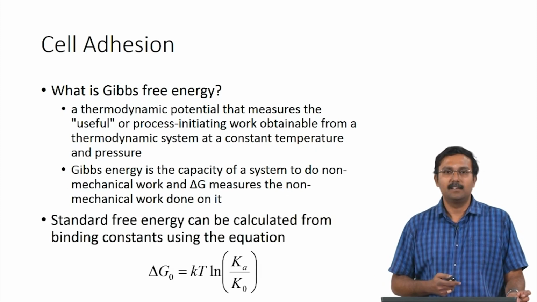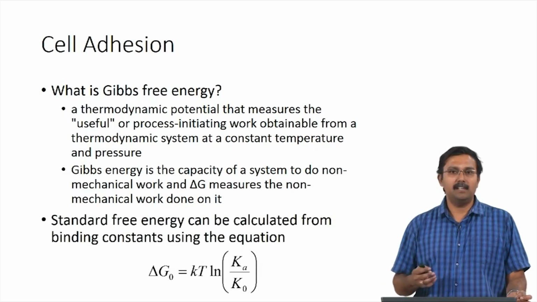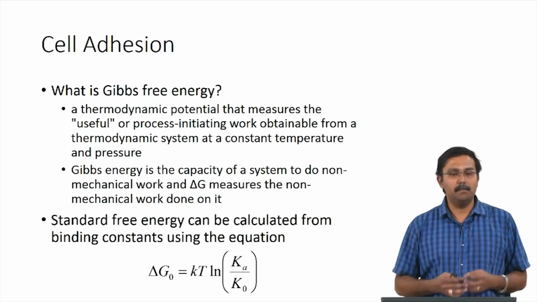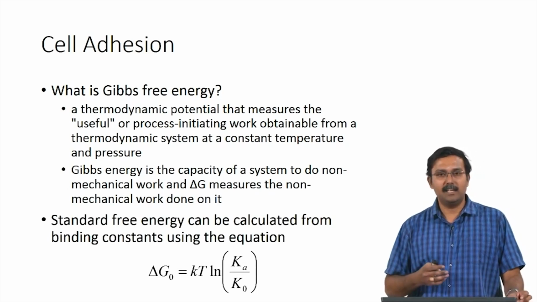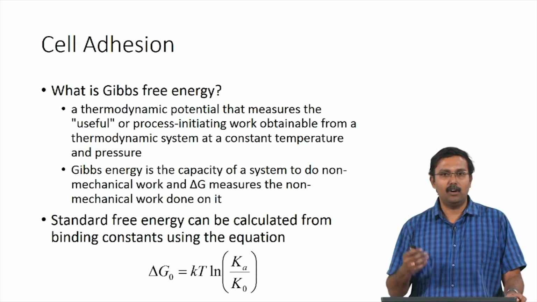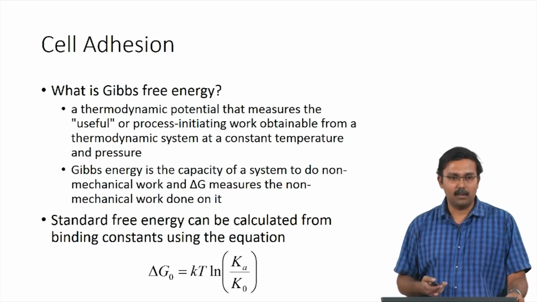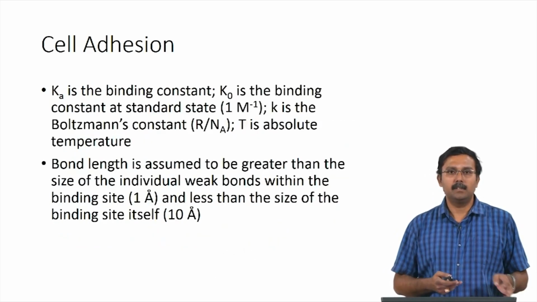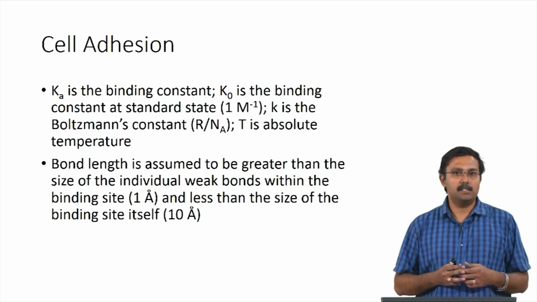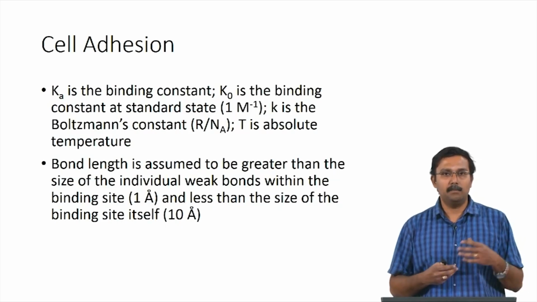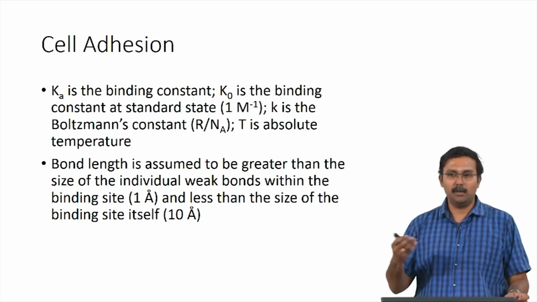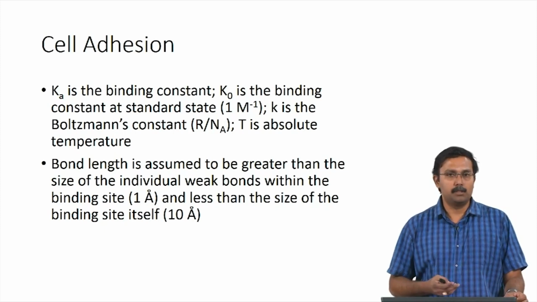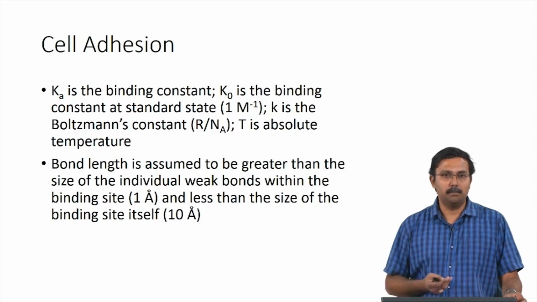Okay. Anyway, so the standard free energy can actually be calculated from the binding constants. So, you would get delta G naught equals kT ln of Ka by K naught. Okay. So, Ka here is the binding constant, and K naught is the binding constant at a standard condition, usually 1 mole inverse, and k is the Boltzmann's constant, and T is the absolute temperature.